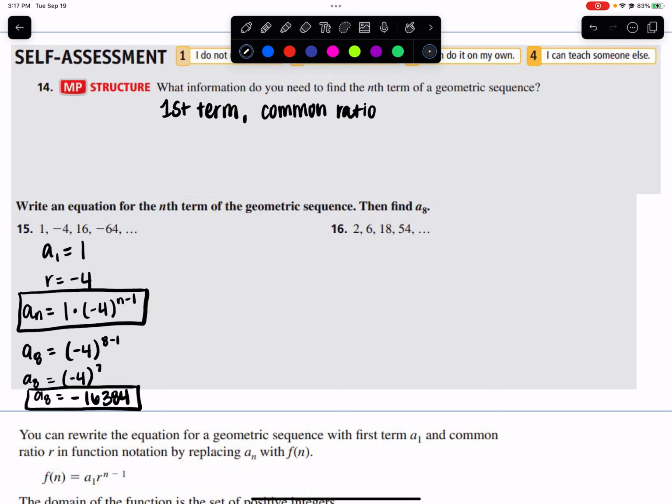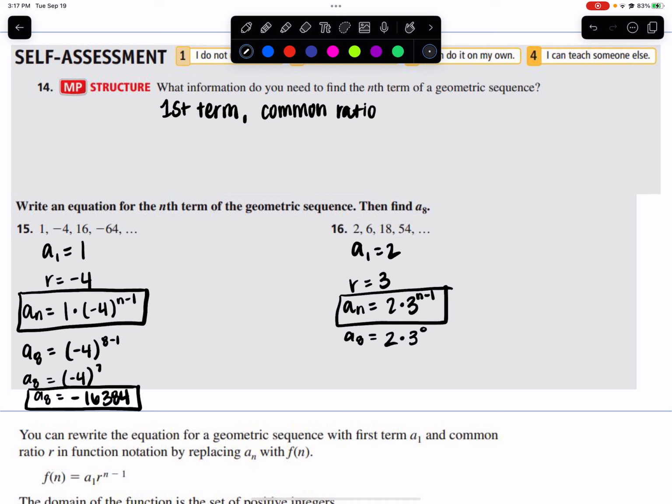All right, number 16. First term is 2. Common ratio is 3. So my equation is a sub n equals 2 times 3 to the n minus 1 power. And then I plug in 8 to find the 8th term. So 2 times 3 to the 8 minus 1 power, so 2 times 3 to the 7th power.